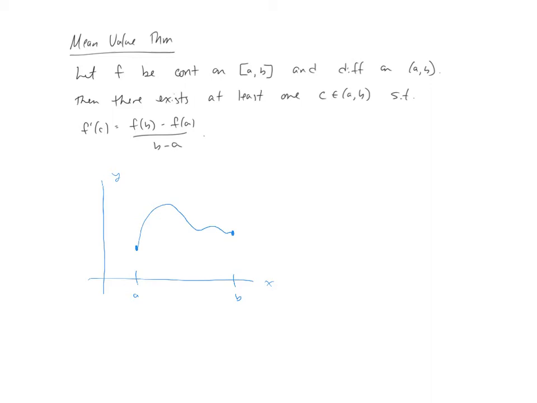Then with this being f of A and this being f of B, the slope between A and B, which would be this guy right here, there should somewhere between A and B be a place on the curve where we would have an identical slope. And by identical, graphically, we're talking about parallel. So this guy here might give us x equals c.